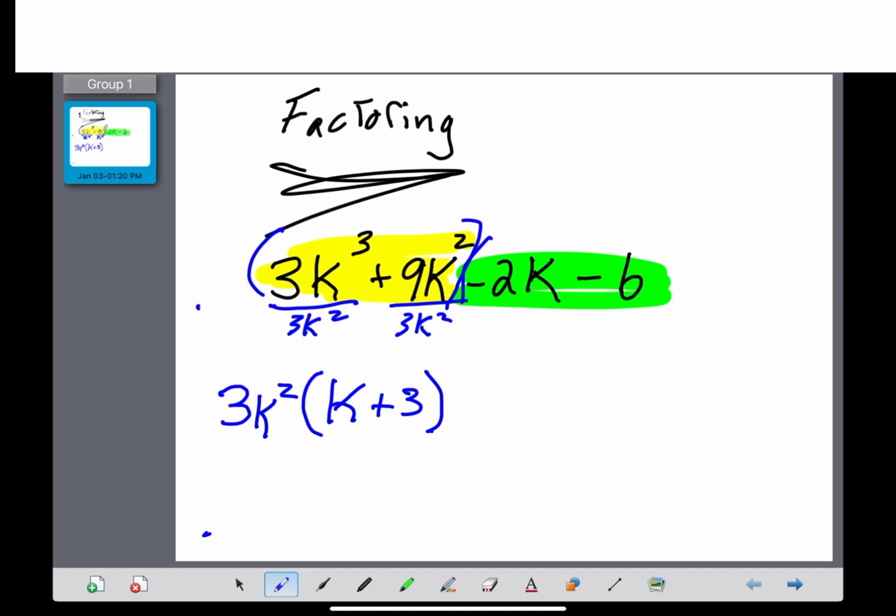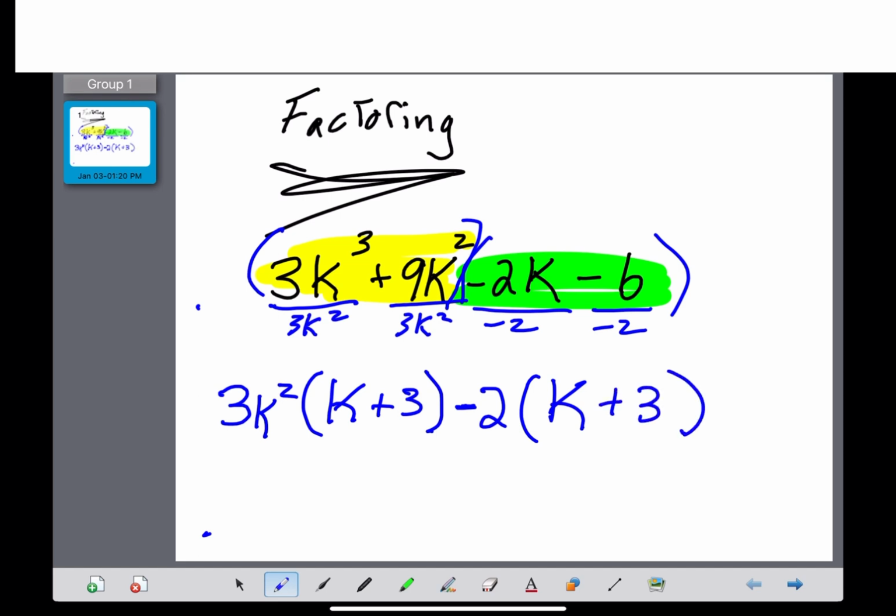The second set, if we take a GCF out of the second set, remember we always said take the negative out. 2 and 6, well, it's 2. And then we put our parentheses. So we're going to divide each of these by negative 2. Negative 2k divided by negative 2 is k. Negative 6 divided by negative 2 is positive 3.